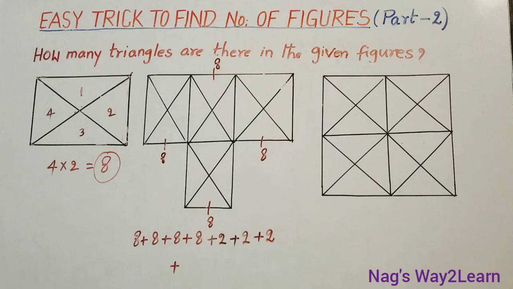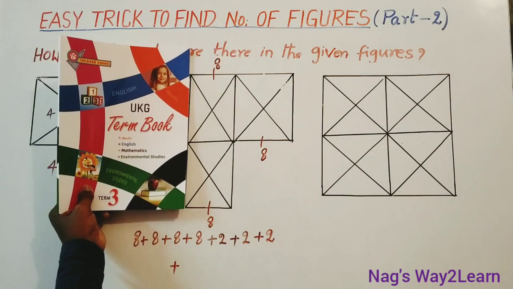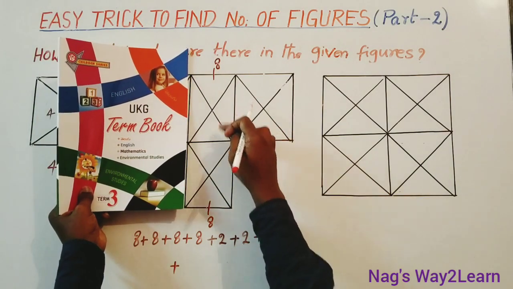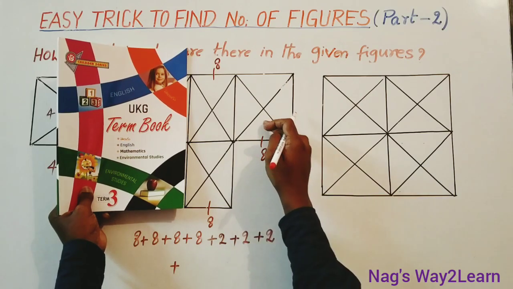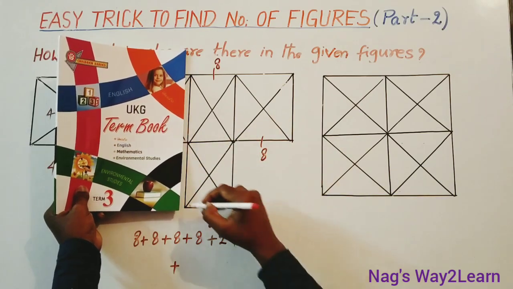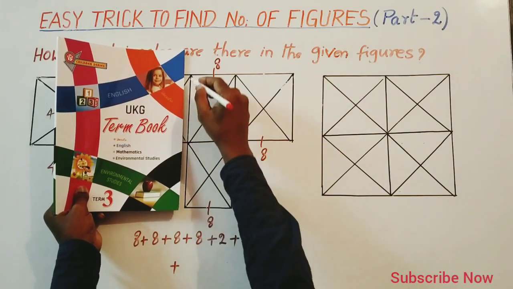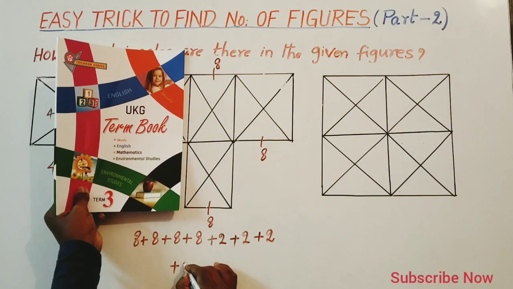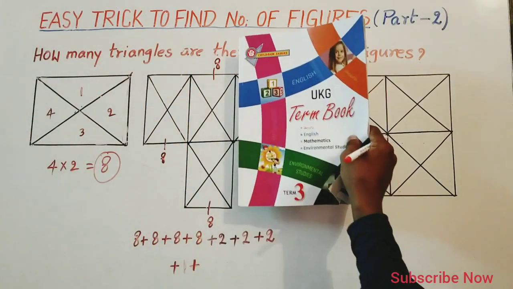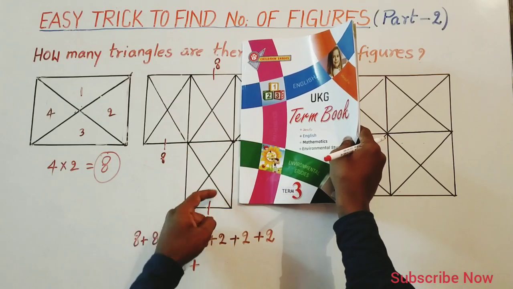Now you just close this part and you combine these 3 parts. If you observe these 3 parts, you can find this is one triangle. So plus 1. Now you close this part and you combine these 3 parts.